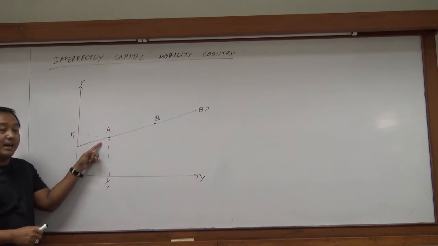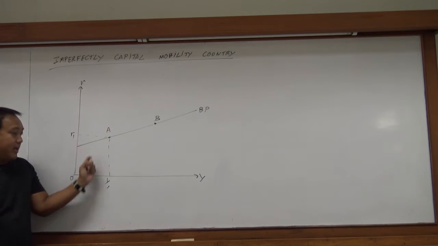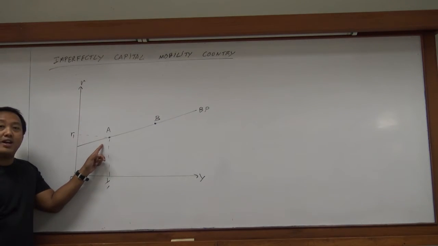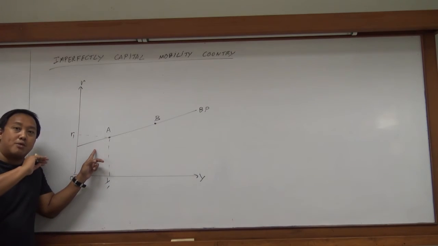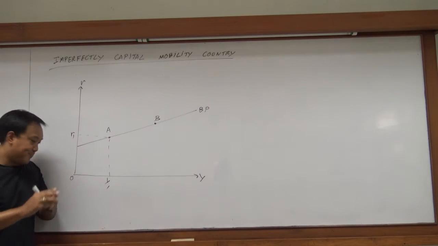Point A here means that at the level of GDP Y1, if your country has the real interest rate equal to R1, the money that flows in is gonna be equal to the money that flows out. You have balance of payments.